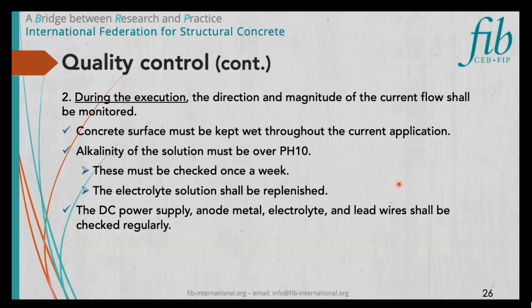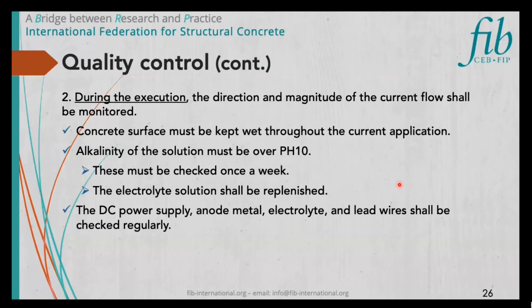Current and voltage shall be checked not only at the start of current application, but also after the electrolyte has penetrated well into the concrete. The concrete surface shall be checked if it is wet with the electrolyte at least once a week during the execution process.